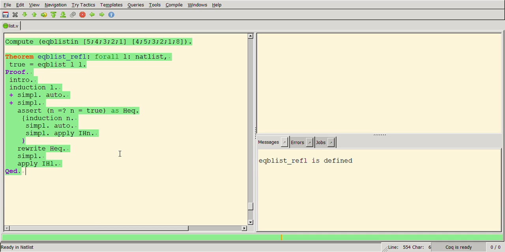Similarly, there is another theorem on bags, which is similar to natlist.